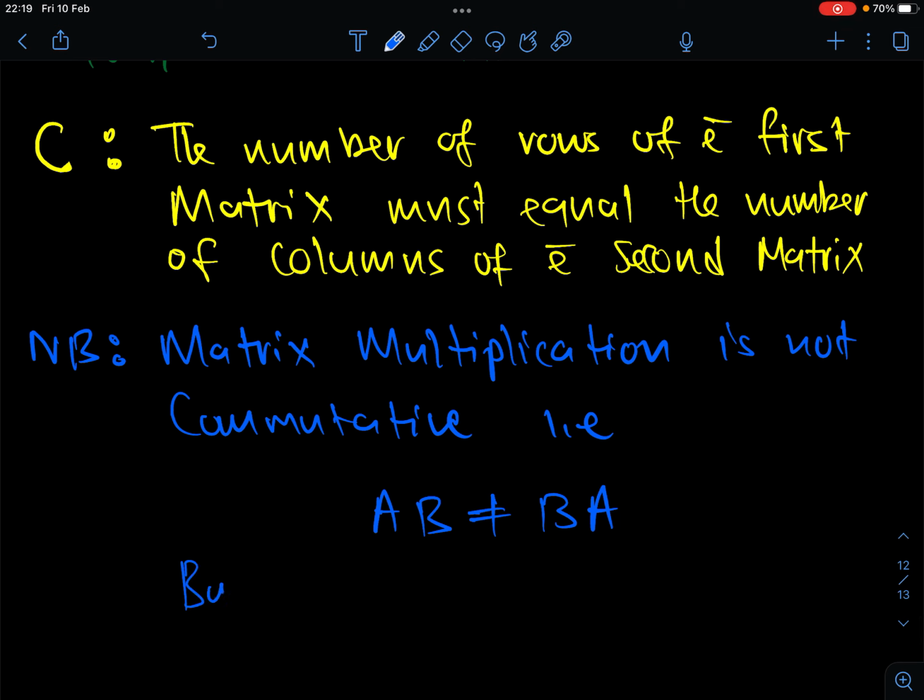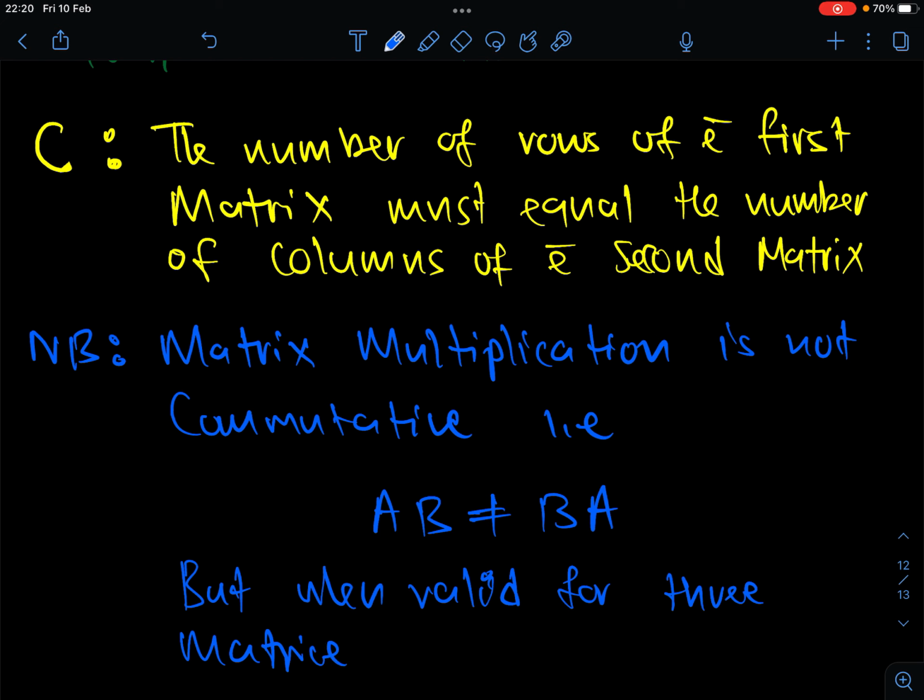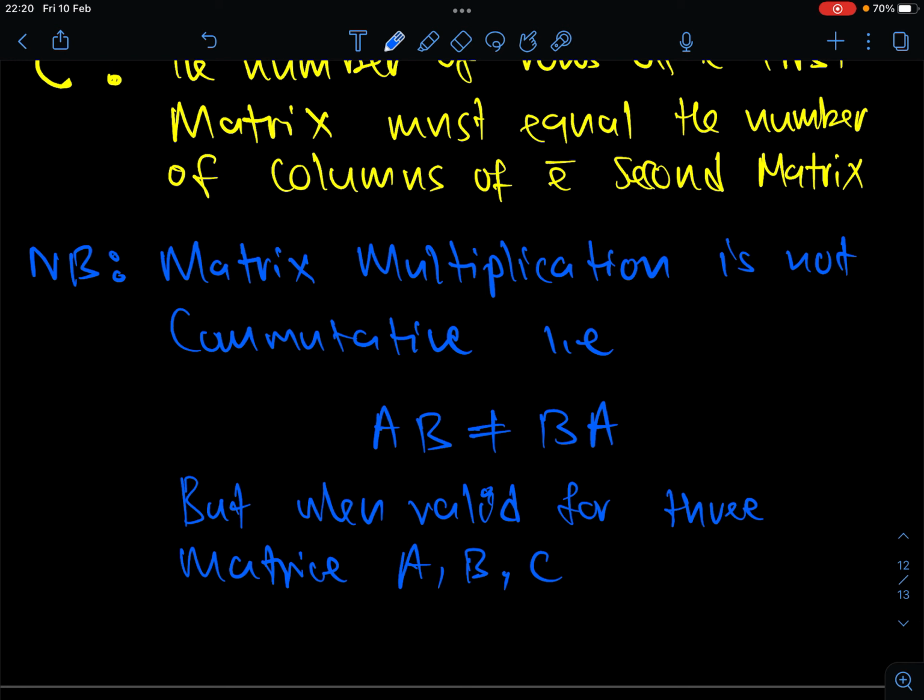But when valid for three matrices A, B, C, this operation is associative.